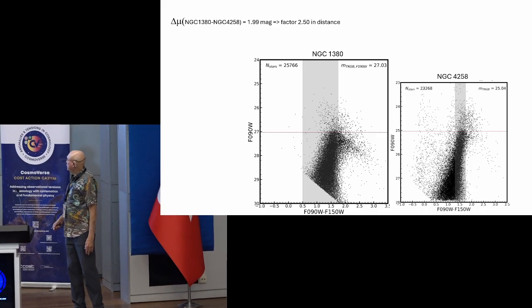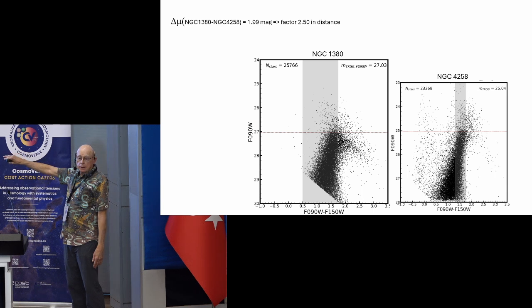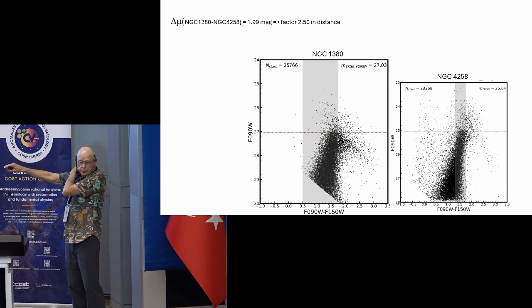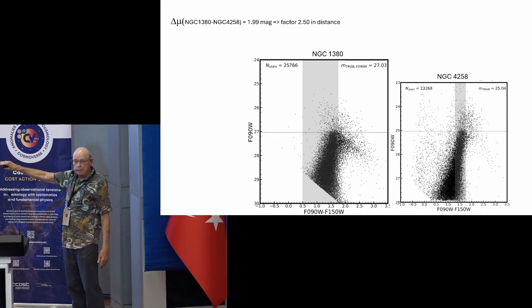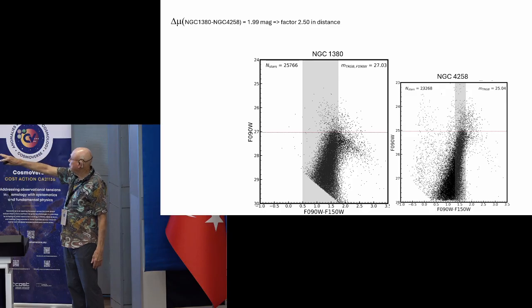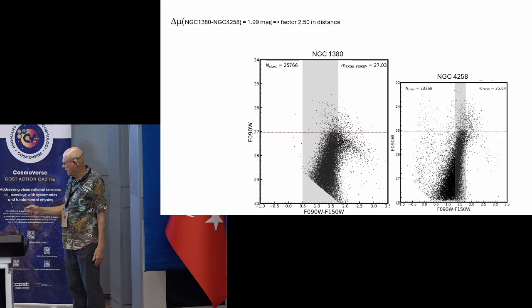So here, for example, on the right is the fit of the tip of the red giant branch for NGC 4258, our calibration based on the maser, and they're transferring across to get the specific case of NGC 1380.